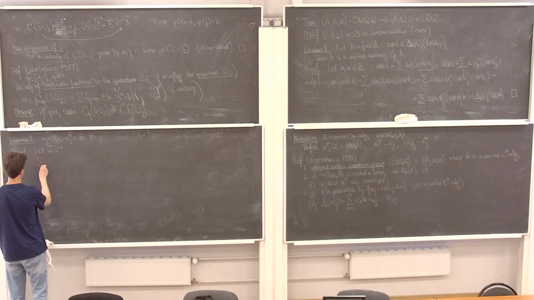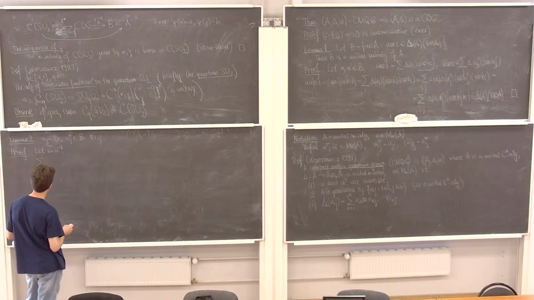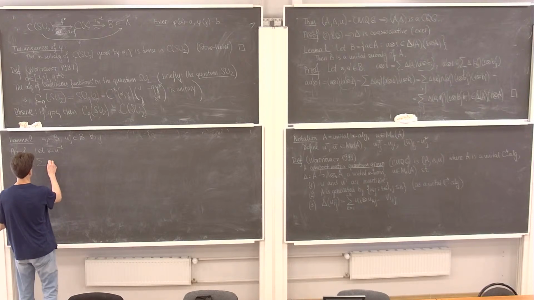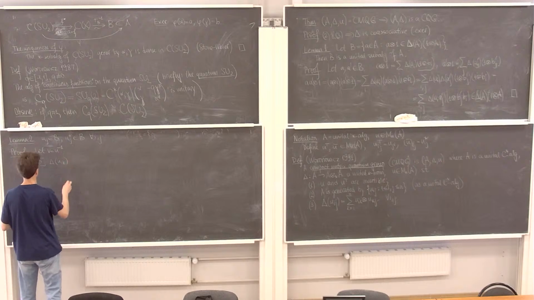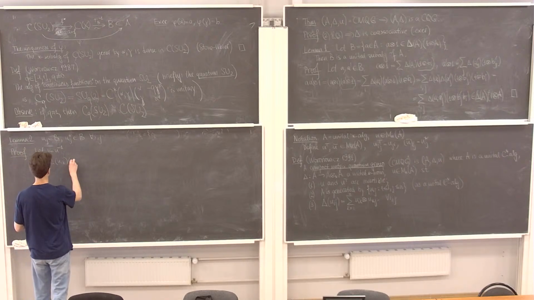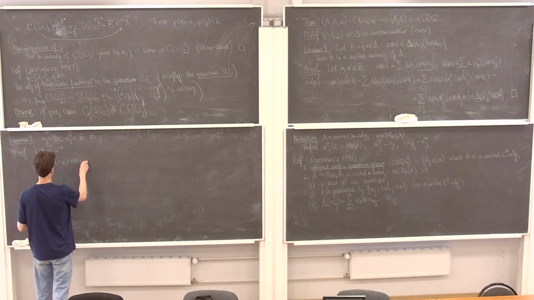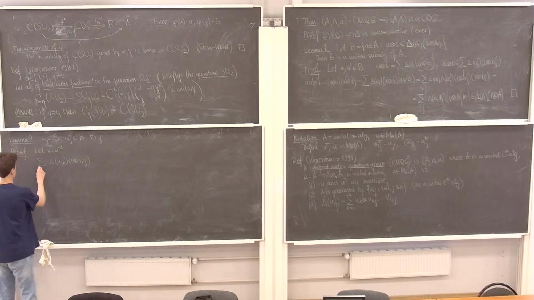The sum of delta uik multiplied by 1 tensor vkj, the sum over k.